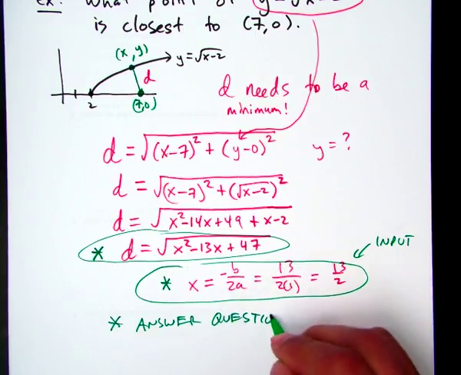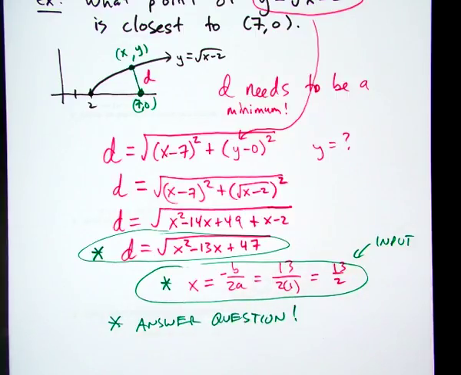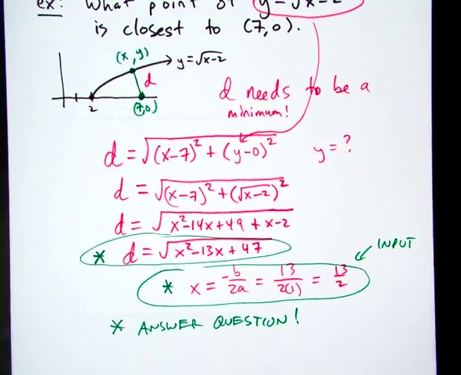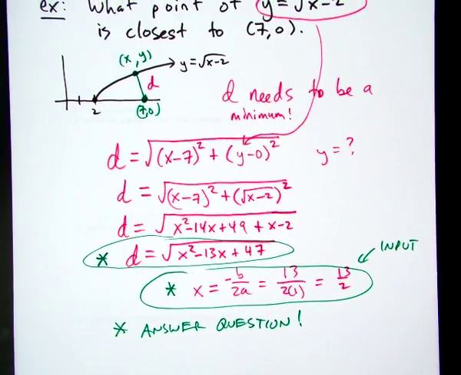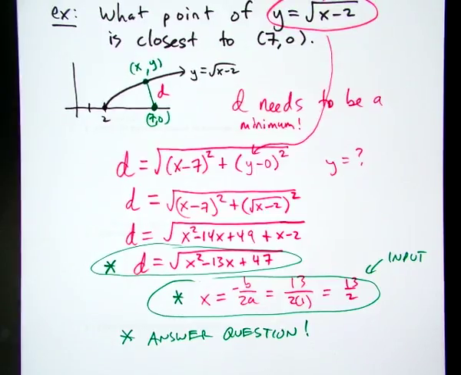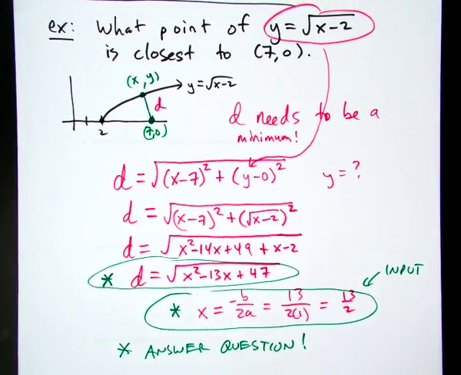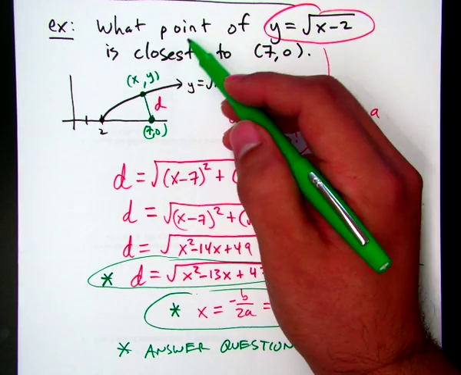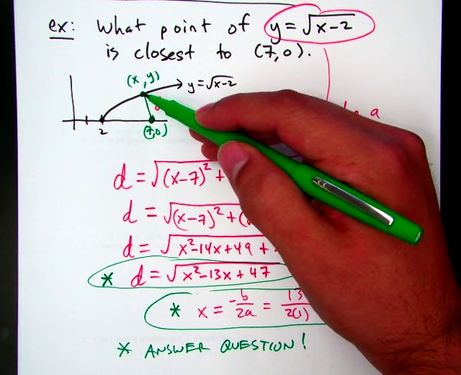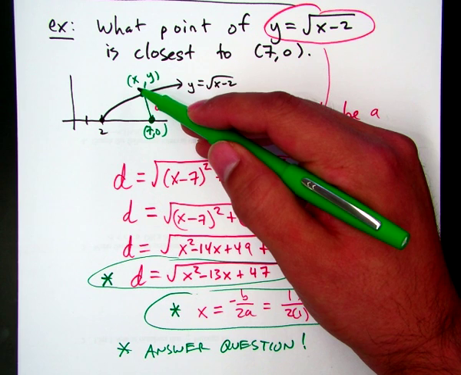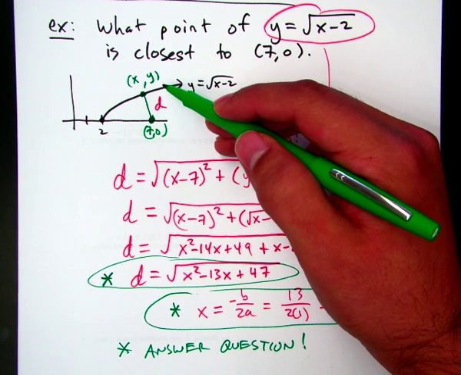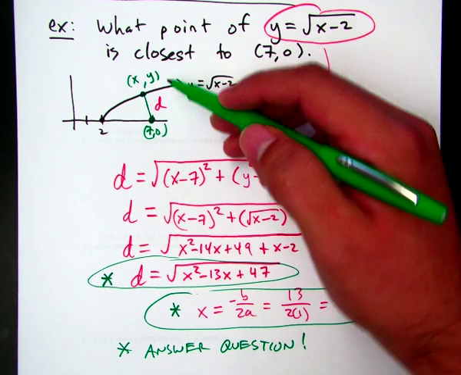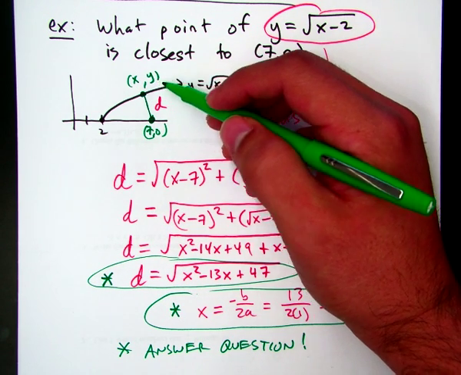Here's why. There's actually two questions that I could ask you here. And people sometimes misread the problem or forget which one they're answering, and they get points taken off just for being silly about not reading details. The two things I could ask you to do here are to find the point that's closest, in which case your answer will be what? 13 over 2, comma, something, which we haven't figured out yet, but a point.